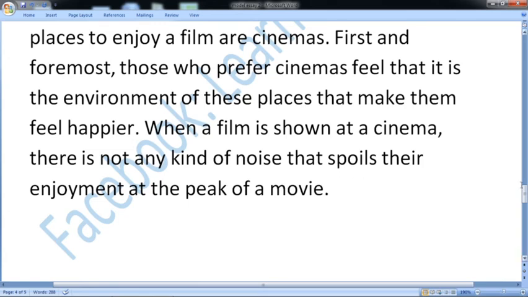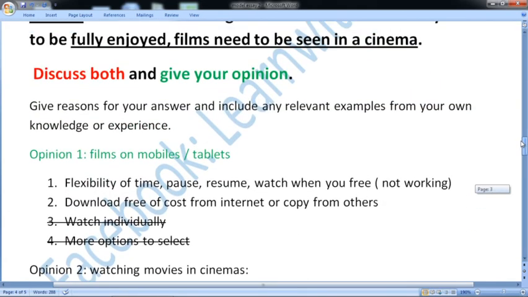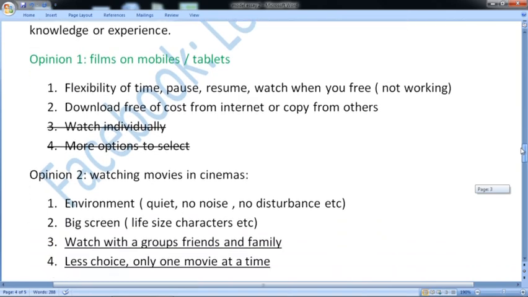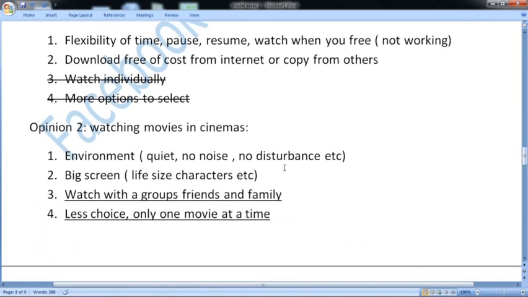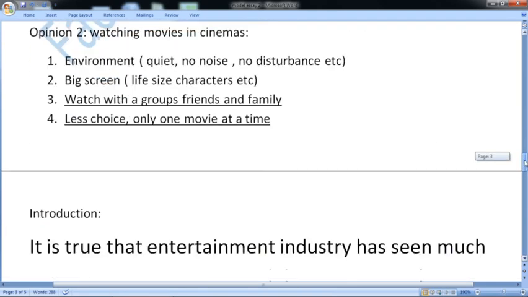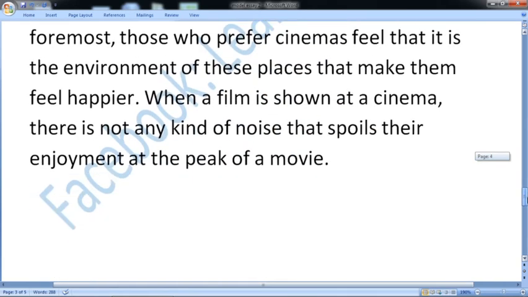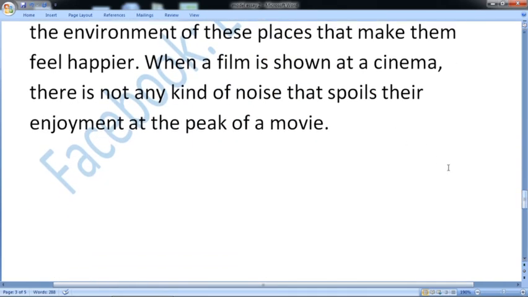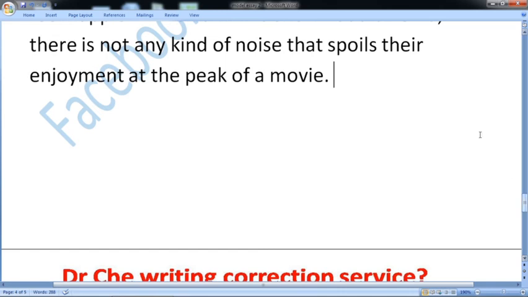Then as in my plan, the next is the big screen. People can watch movies in cinemas because there are big screens and they can see life-size characters. So I need to use a transition signal to show the examiner that I am going to the next point.